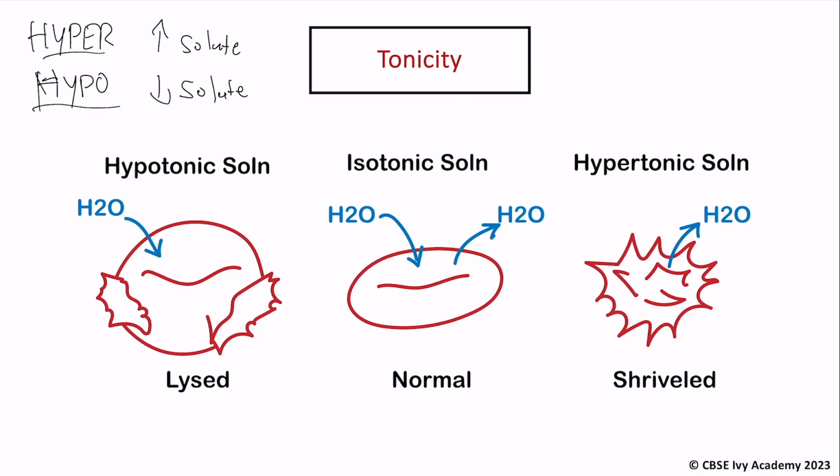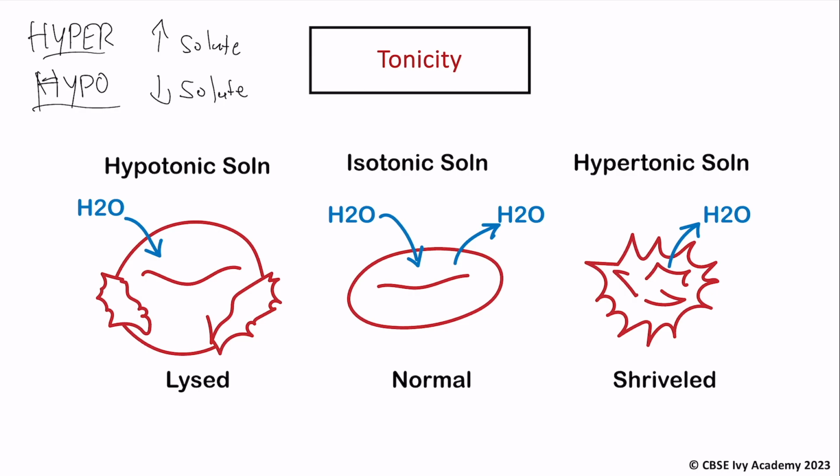Water generally flows from which to which? Water will flow from a hypotonic to a hypertonic area, generally speaking. And that will be in an attempt to equilibrate the solute concentration.